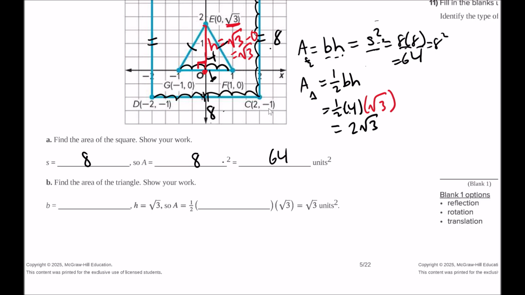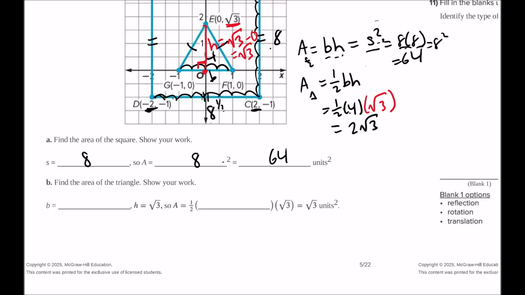You also have to be careful with the units because I messed up here. Yes, this is 8 spaces, but it's not 8 units. Look what they do. You're going from -2 to 2. So there's 8 spaces on the grid, but they're really trying to trick you here, because they're going by 1/2. Each of these units is 1/2, so be careful, guys.